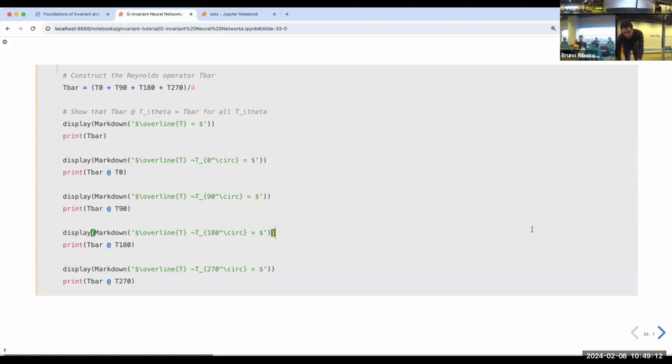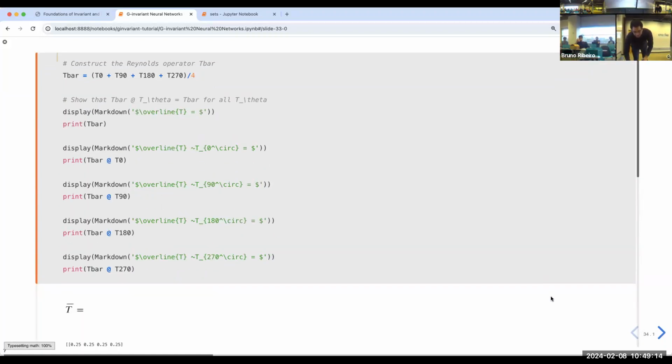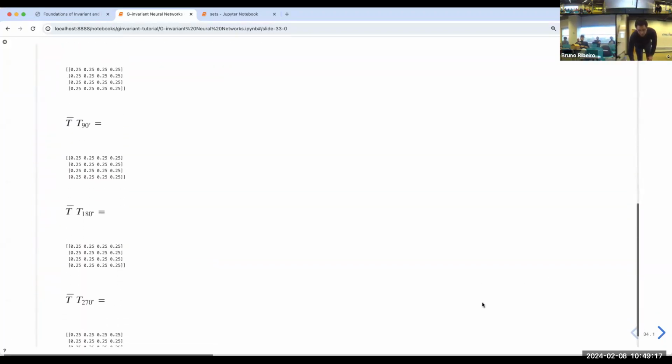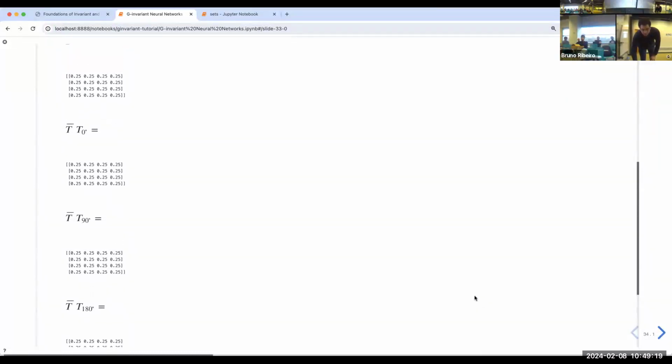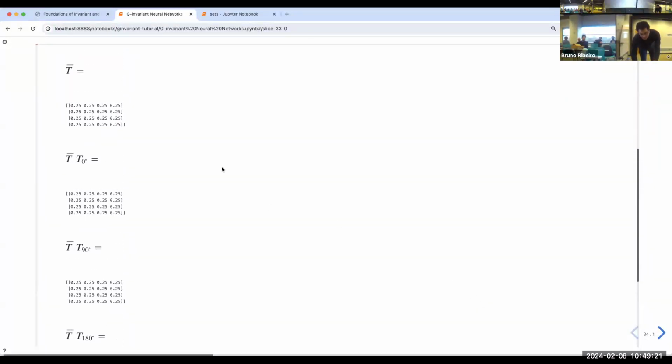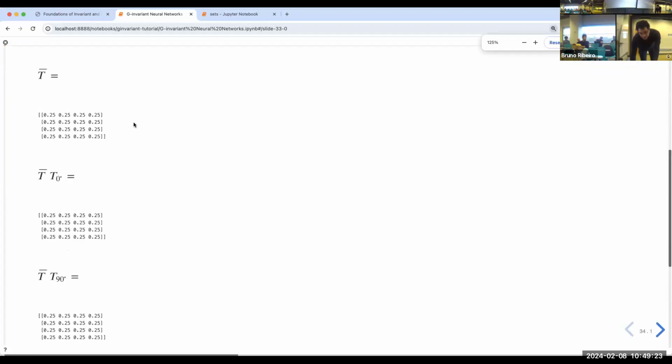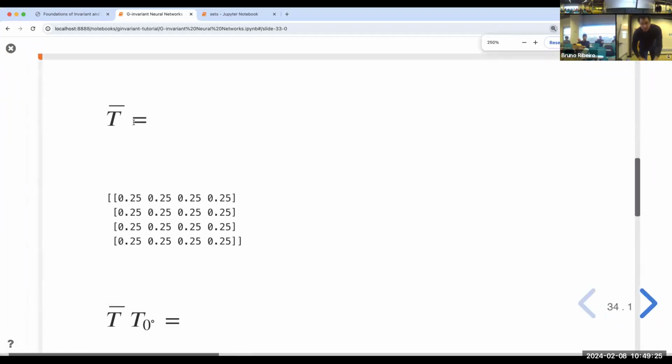It's actually not very exciting for 2 by 2 images. So this. Okay, let's do this. So this is the average. Not exciting, is it? For larger images it is more interesting. This one is not too interesting, but I think you will agree. Let's multiply this T bar by the identity.